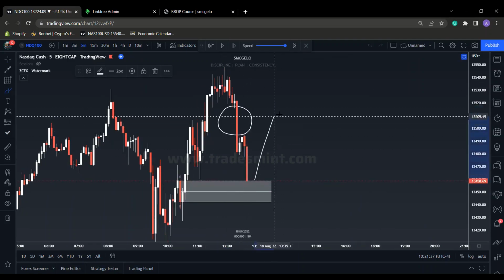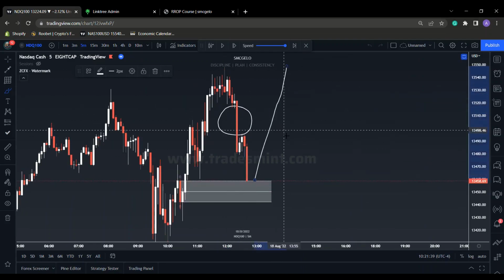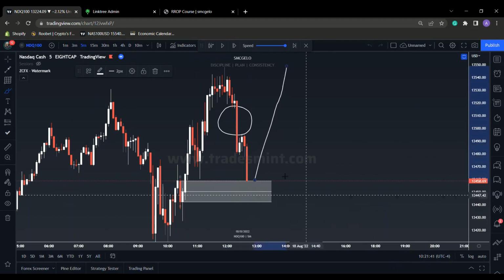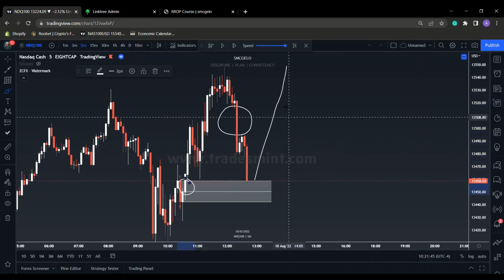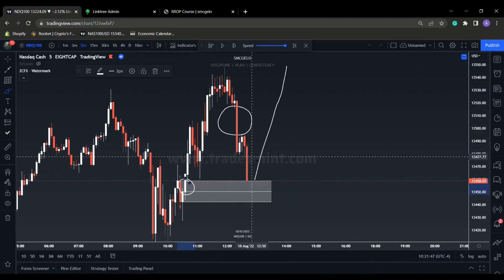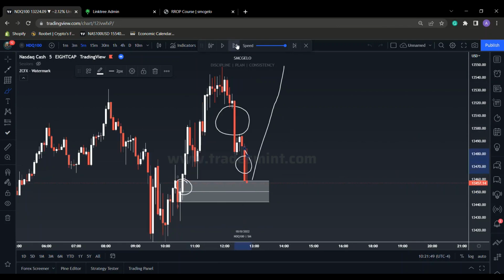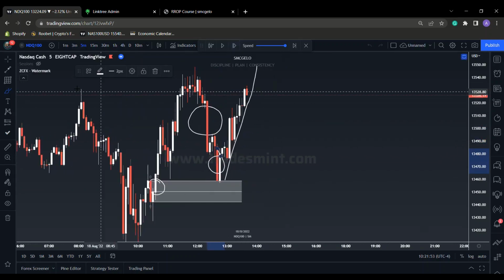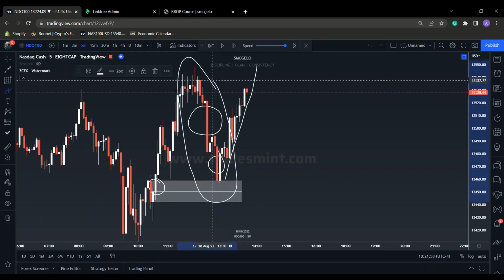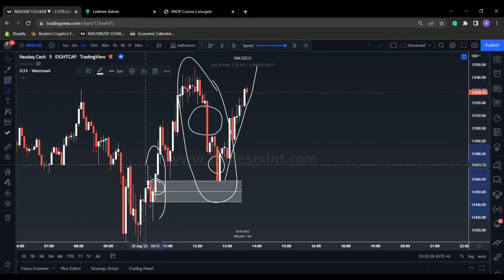So price needs to come up at some point to take this out. Now, can price continue down? It could, but with this being filled, this is the next gap that needs to be filled. There's also a gap right here. So immediately price fulfills that, and price fulfills the next gap, making this move efficient and this move efficient.